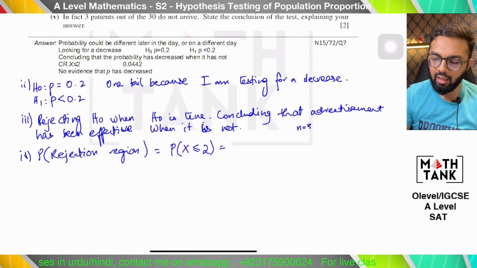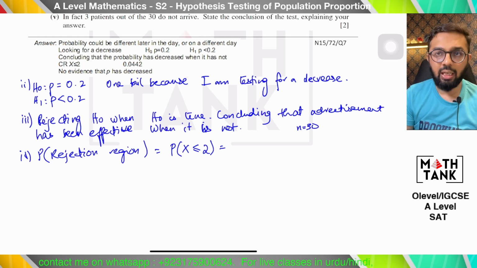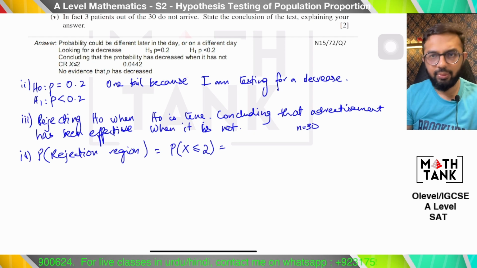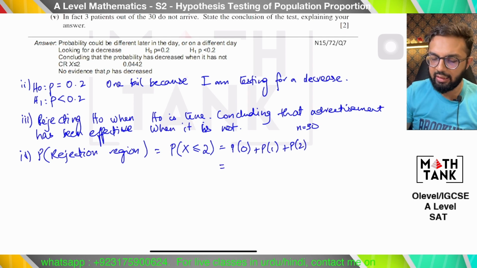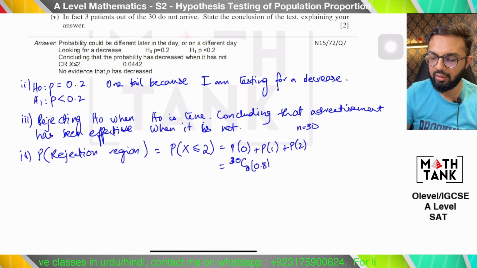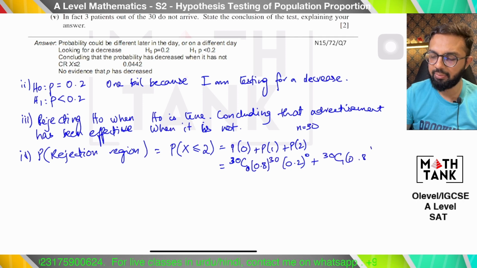This is just hypothetical because I have to start somewhere. n is 30. Typically, I would start with 0.2 times 30, which is 6. But it's absolutely fine if I want to start with 2 because it's a smaller number. I just want to calculate the probabilities of 0, 1, and 2. So I go on and start calculating 30C0, 0.8 power 30, 0.2 power 0, 30C1, 0.8 power 29, 0.2 power 1, 30C2.